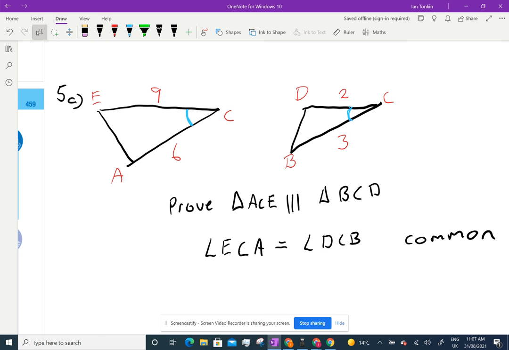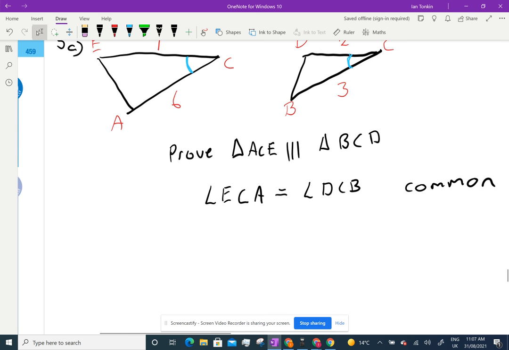And I can do this all in one go. So watch this. So EC on BC. They're the two sides. That's 9 on 3, which equals 3.